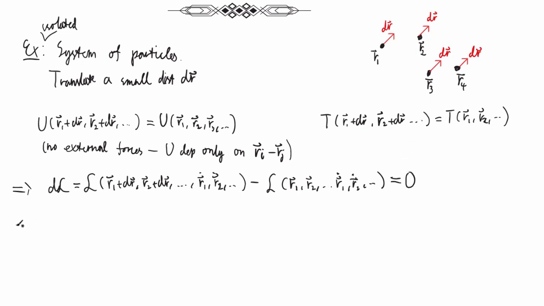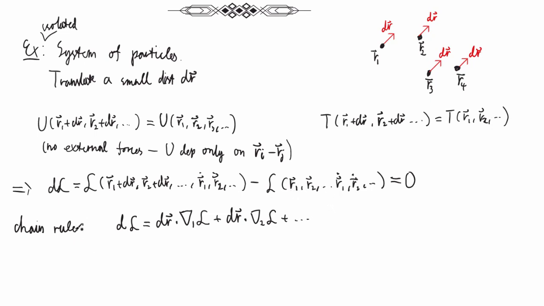Then we can also apply the chain rule. And the chain rule says that dL is dr scalar the gradient of the Lagrangian with respect to the first particle, plus dr times the gradient of the Lagrangian with respect to the second particle, etc. Right?